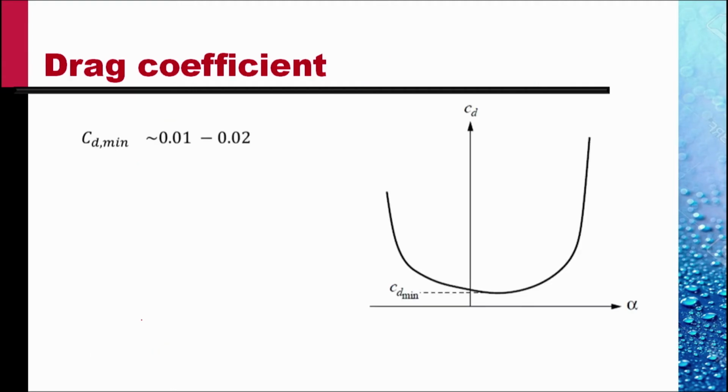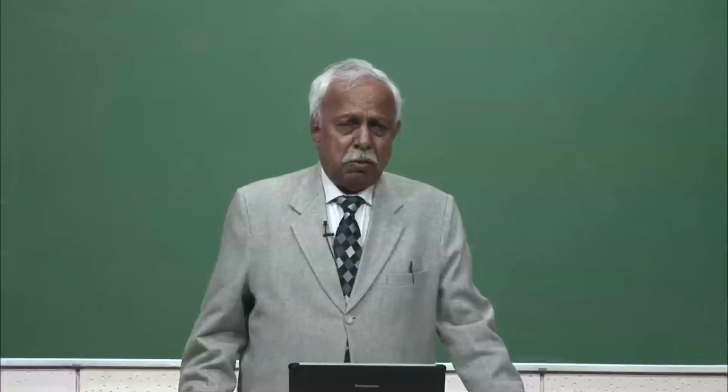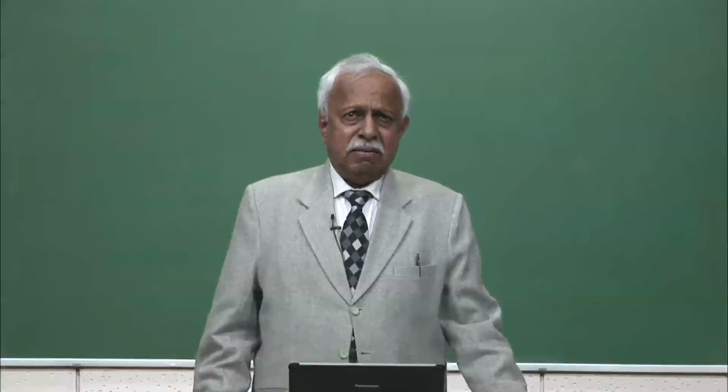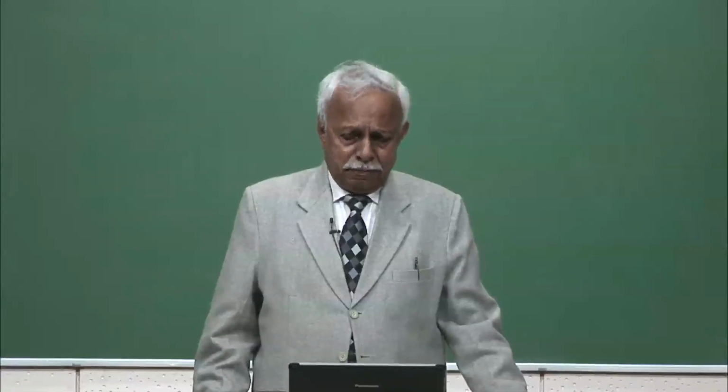The drag coefficients are surprisingly small. The minimum value of the drag coefficient is between 0.01 and 0.02, where the drag coefficient is the non-dimensional drag force, non-dimensionalized by the stagnation pressure value 1/2 rho v naught square times the planform area.